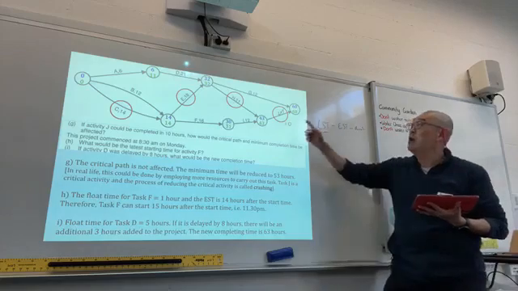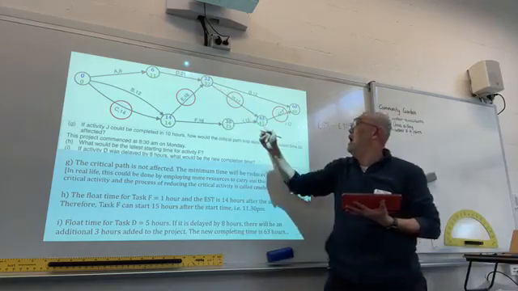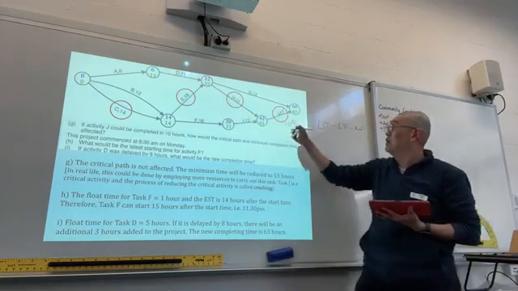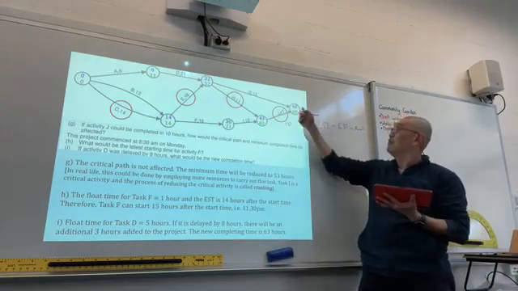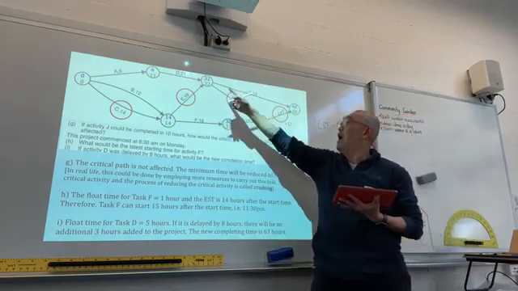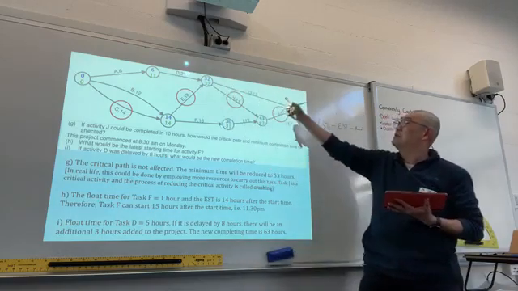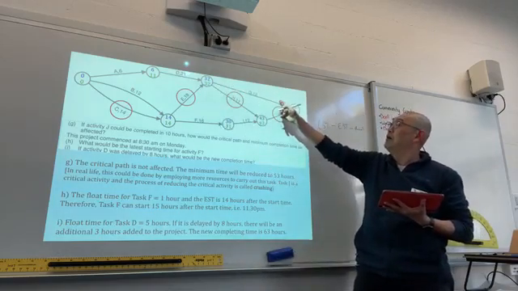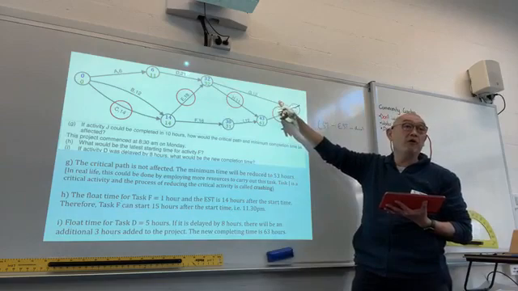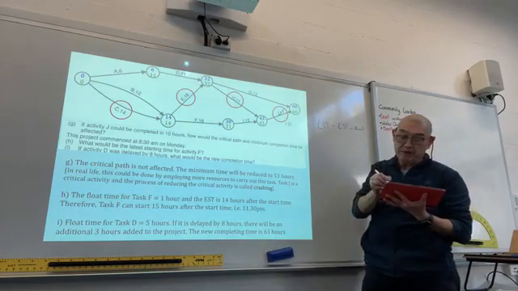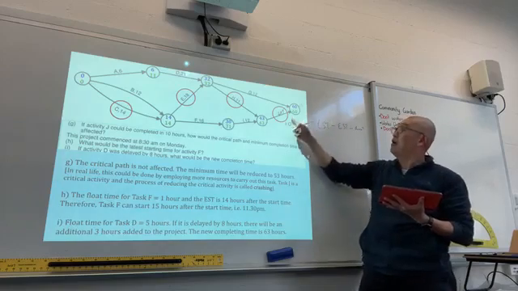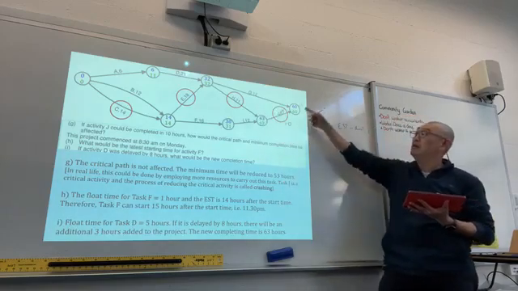So what happened here? If I go through here to here, 43, I will have 53, and 32 plus 12, that is 44. So here, the completion time will be 53 hours. However, would the critical path be affected?